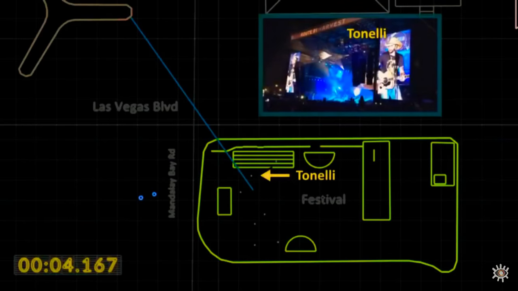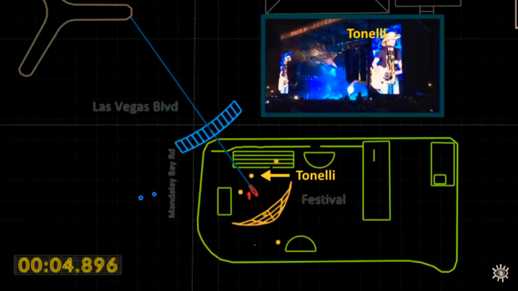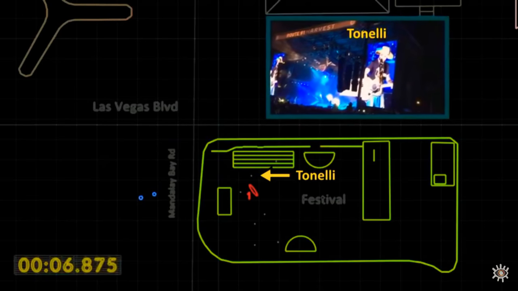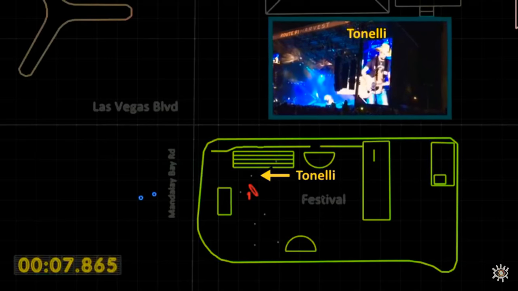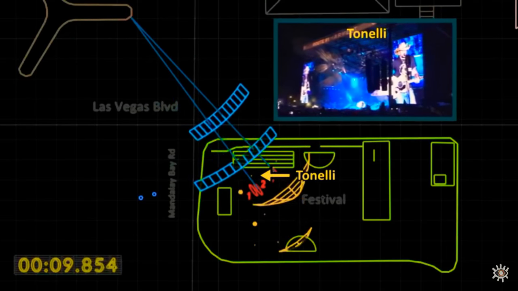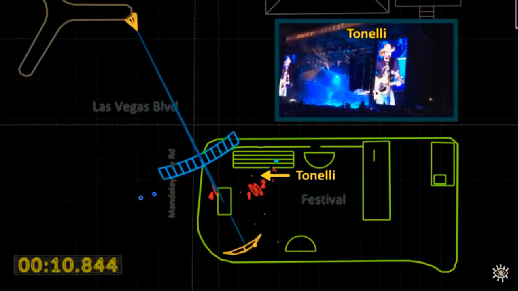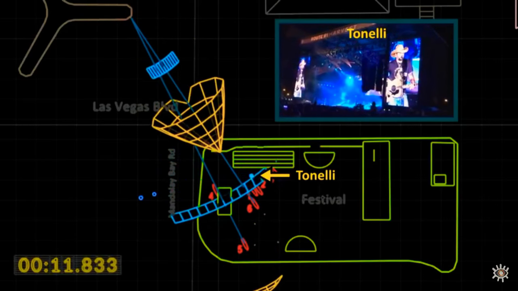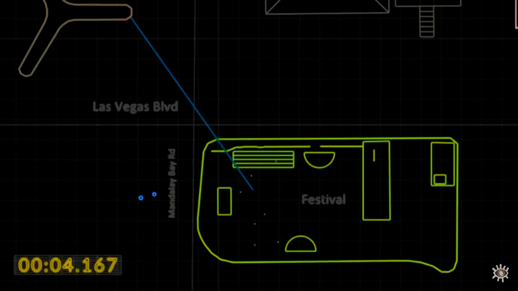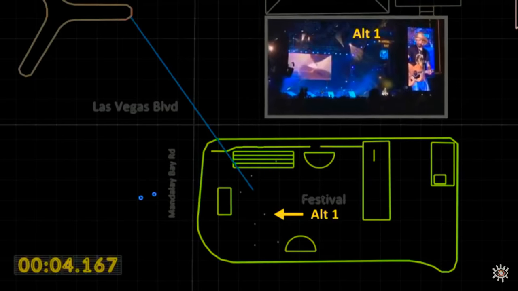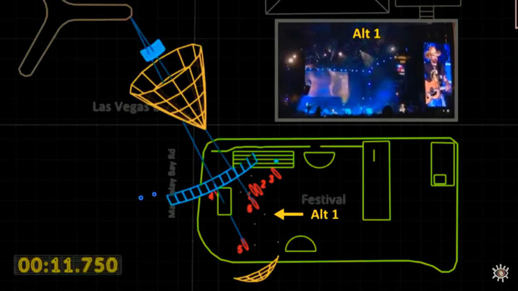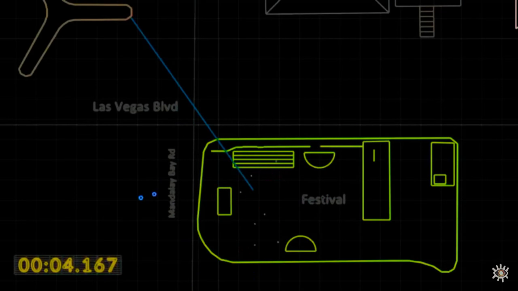Now 4 times slower. Now an alternative view from Mr. Burgundy's library. Now 4 times slower.